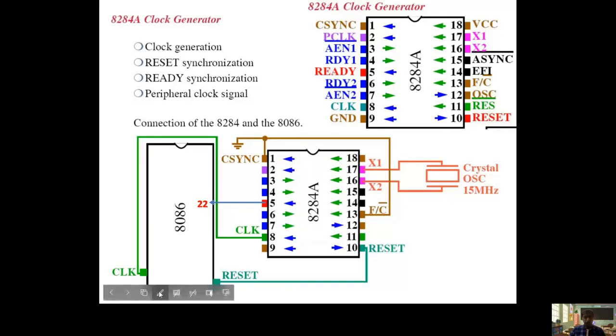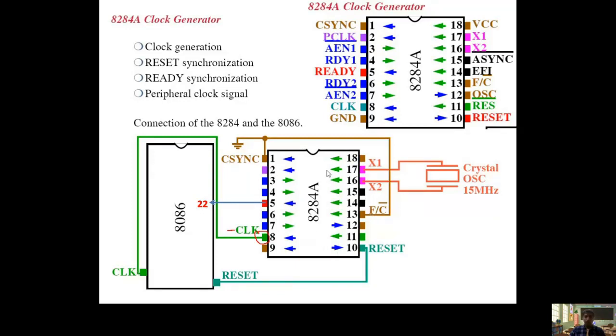Let us see. So this is your 8284. Now pin number 8, what is it? This is the clock. The clock of 8284 is connected to the processor clock, so the processor clock pin receives a clock signal from the clock generator.